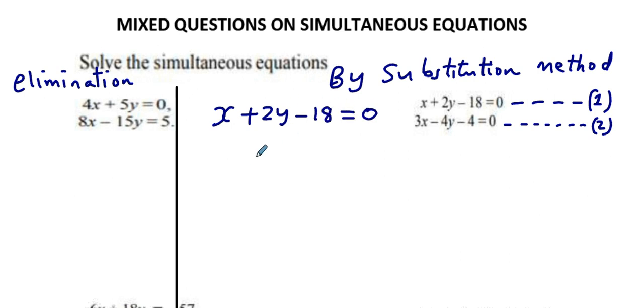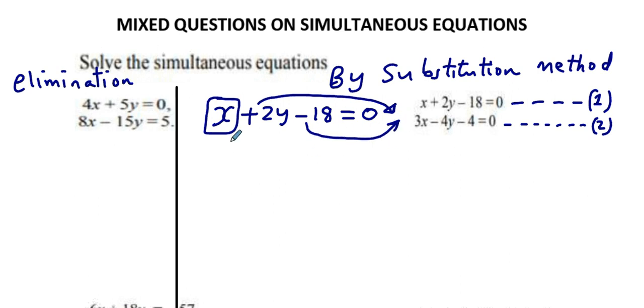After choosing equation number 1, I want to choose one letter from this equation and make it the subject. In this case, I'm going to choose letter x, because to me, letter x is easy to be the subject. So, to make x the subject, I need to take positive 2y to the right hand side, and also negative 18.